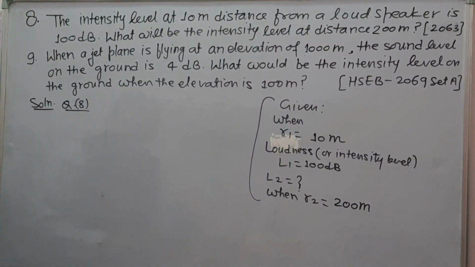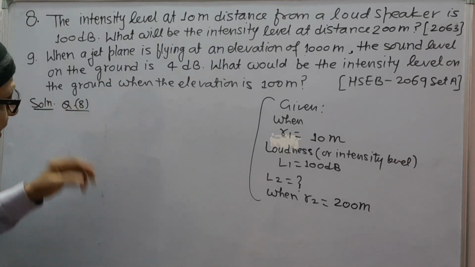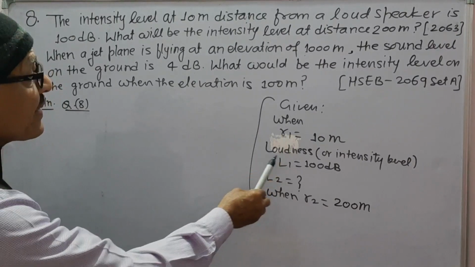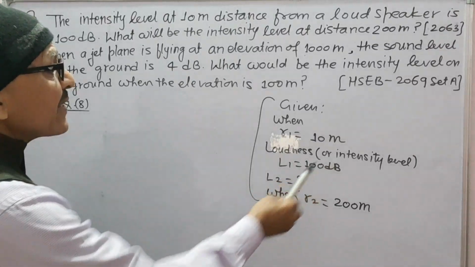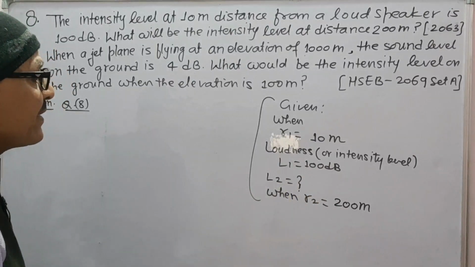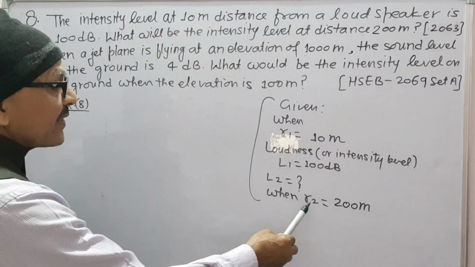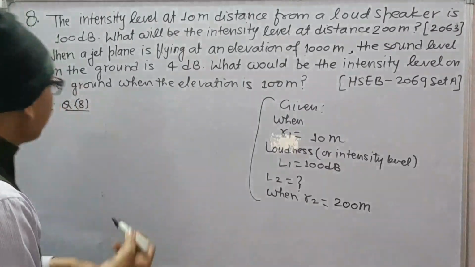Question number 8. The intensity level at 10 meter distance from a loudspeaker is 100 decibel. What will be the intensity level at distance 200 meter? Solution to question 8. Given when R1 is equal to 10 meter, then loudness, also called intensity level, will be 100 dB. We have to find L2 when R2 is 200 meter.